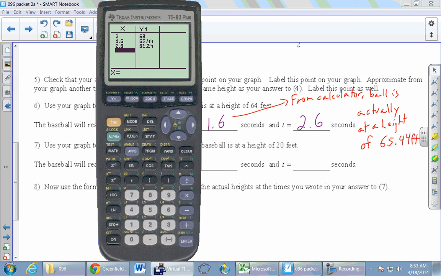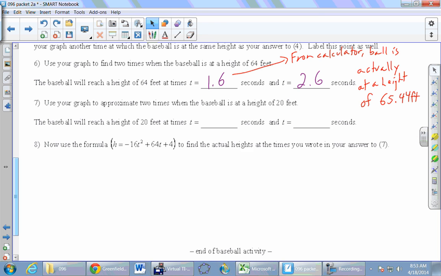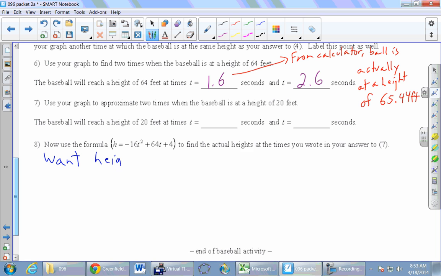So let's do this the algebra way instead. I want the height to be 64.